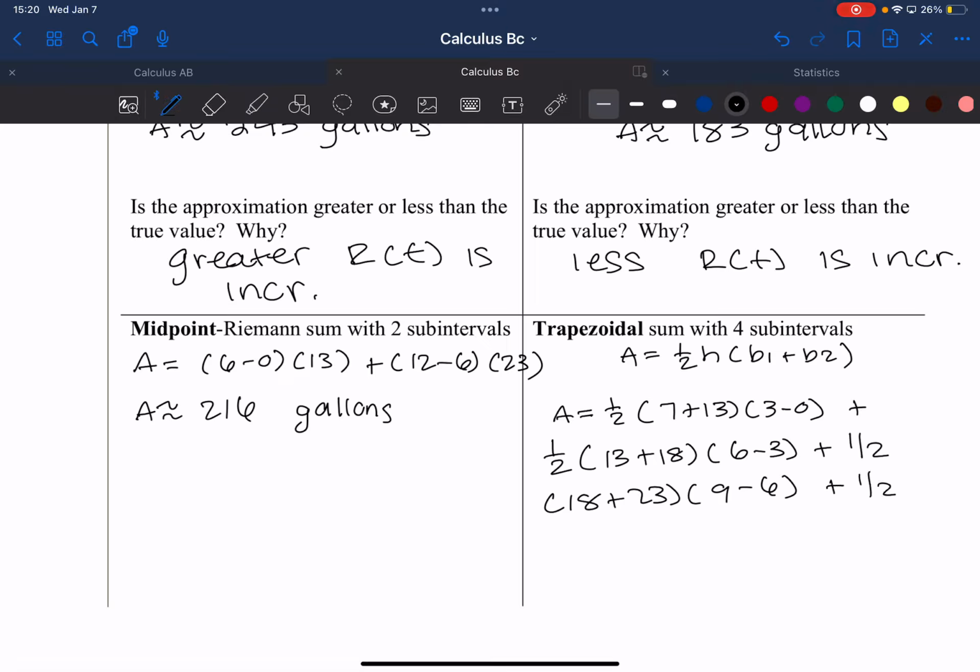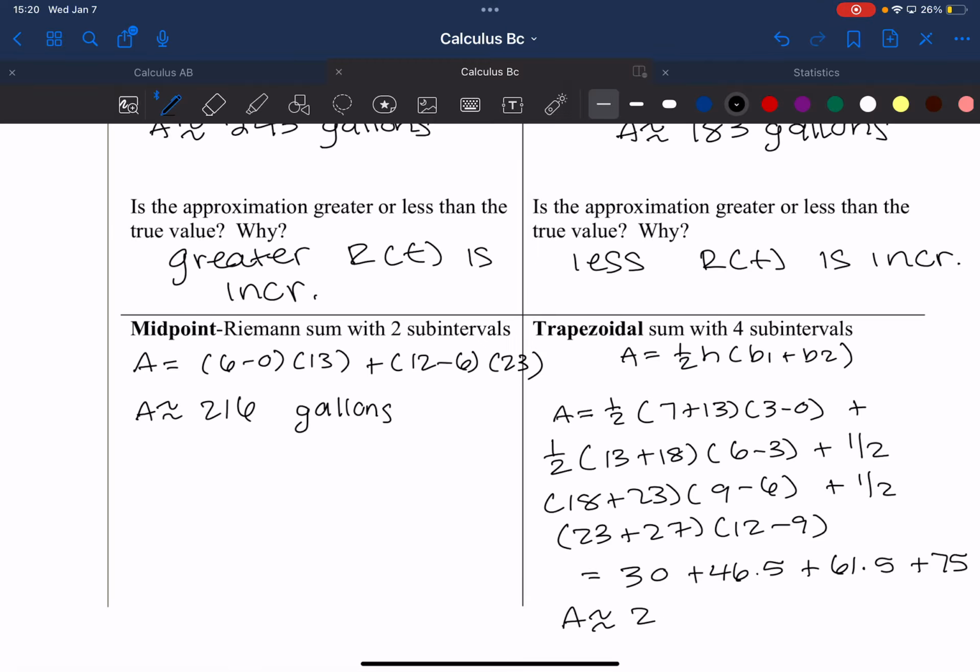Plus 1/2 times 23 plus 27 times 12 minus 9. So that's all 4 trapezoids. This is going to give us 30 plus 46.5 plus 61.5 plus 75, which gives us an area approximation of 213 gallons.